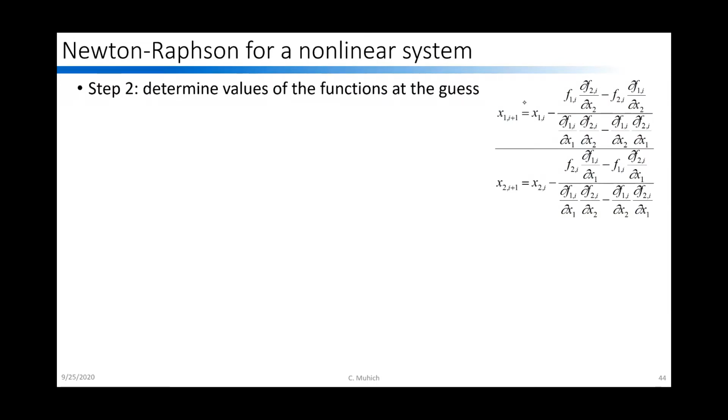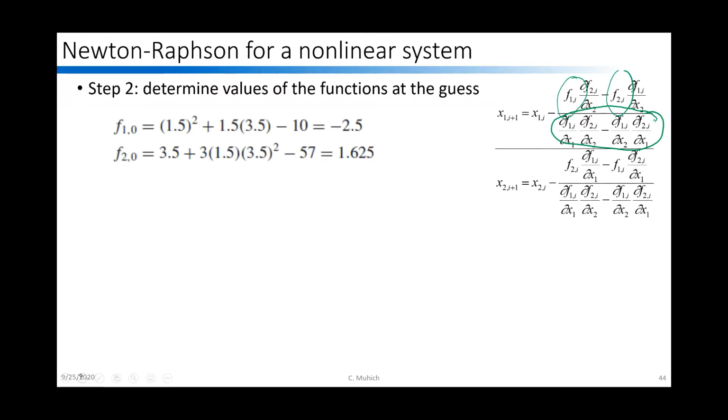Now that I've finished determining my determinant, in essence, calculating the bottom half of these two denominators, I'm ready to tackle the top half, right? I need the values of the functions at x1 and x2. So not to belabor the math, but I can take my equations for x1. Remember, we had x1 squared plus x1 x2 equal to 10.